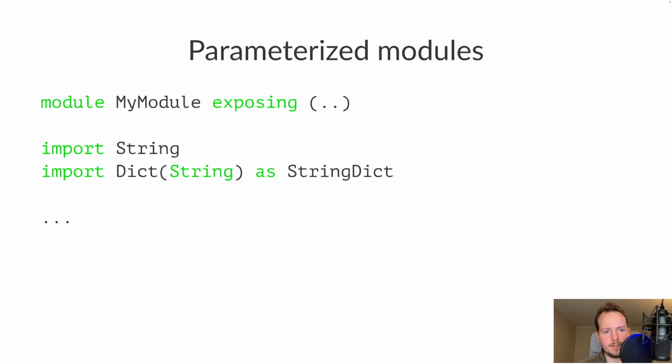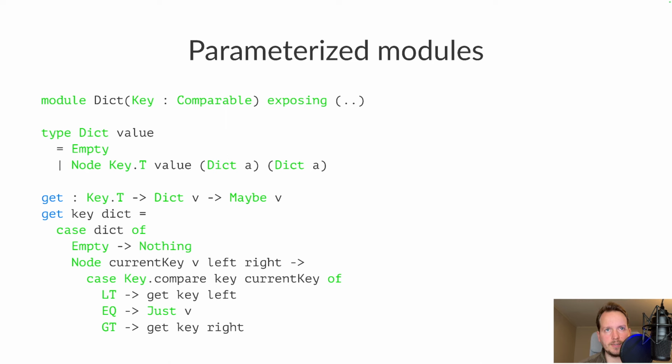If we were to look at this again, when I call import dict string, you can imagine that we're essentially copying the entire file you're looking at right now and replacing every reference to key with string. And as long as string contains a type alias t and a compare function, that will work.